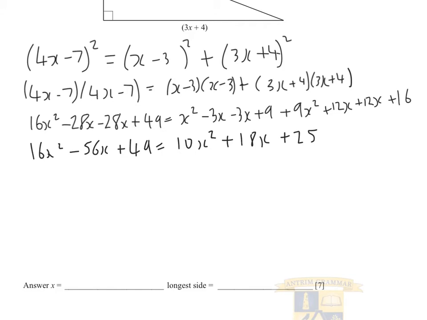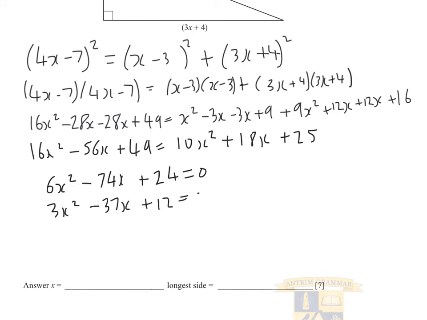The larger number of x squared is on the left hand side, so let's bring everything over to the left. We'd be left with 6x squared minus 64x plus 24 equals 0, or 3x squared minus 37x plus 12 equals 0.